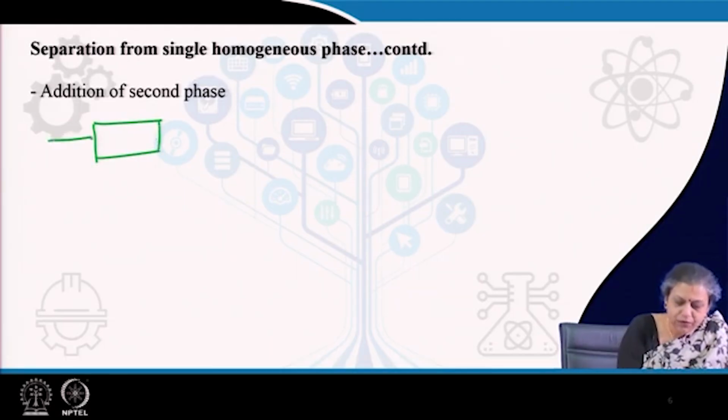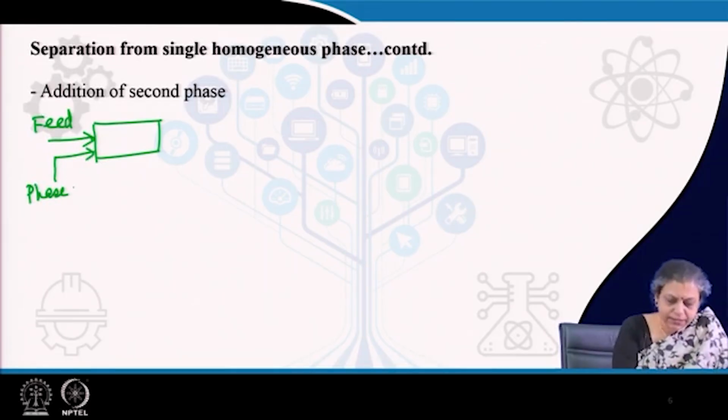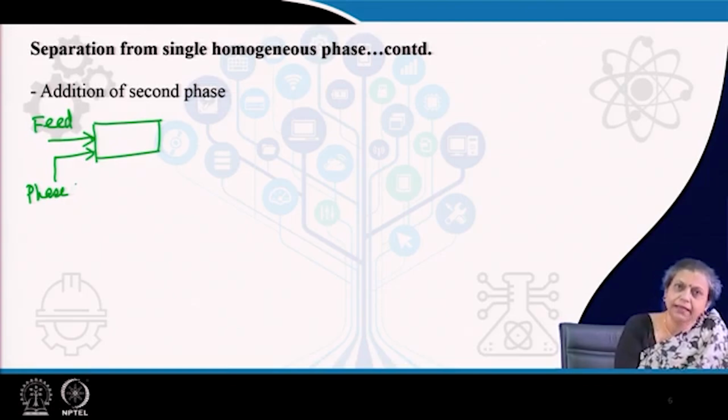Say suppose we have got a feed. We add a second phase, an auxiliary phase. It can also be called a mass separating agent.